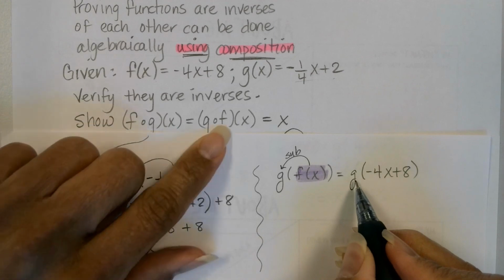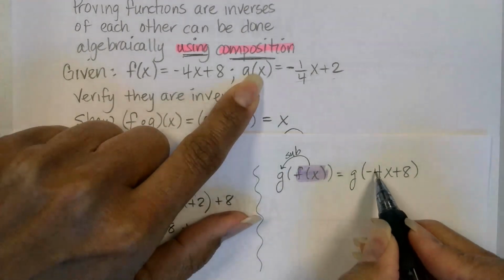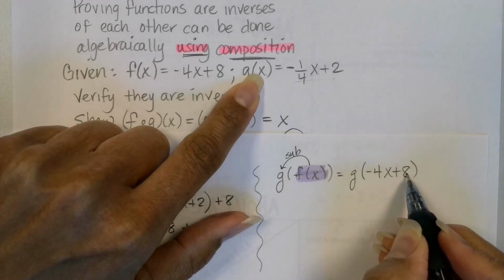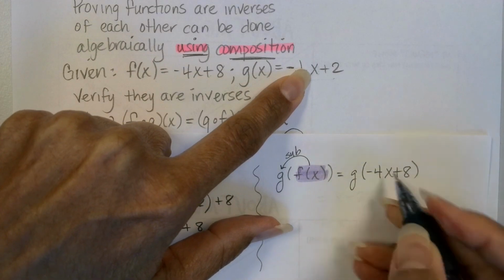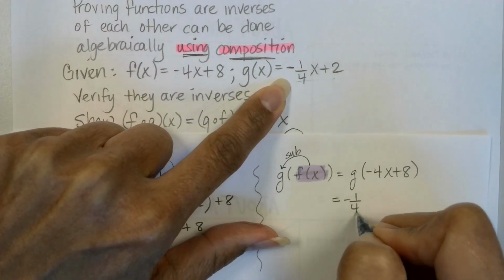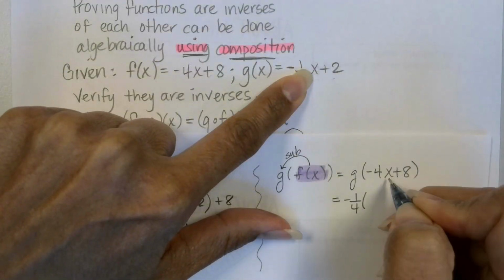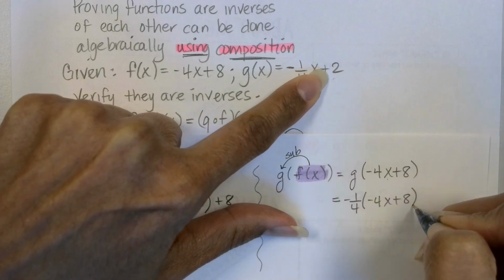Here's my g function. This x was replaced with this stuff. Therefore, this x needs to be replaced with this stuff too. So equals -1/4. That x is being replaced by -4x plus 8, plus 2.